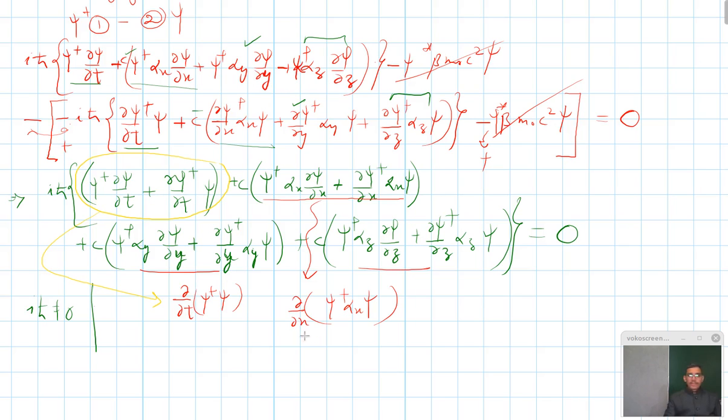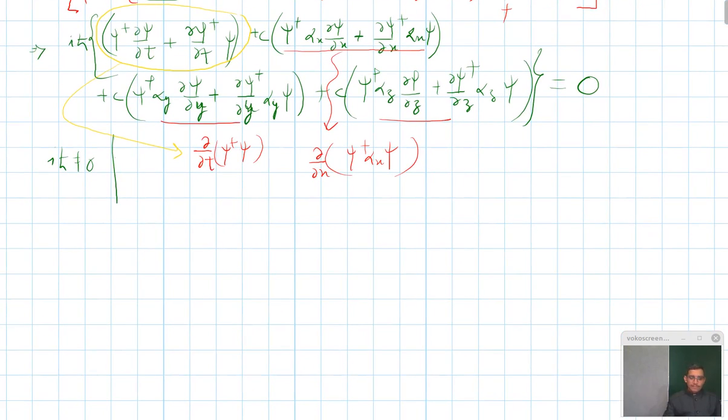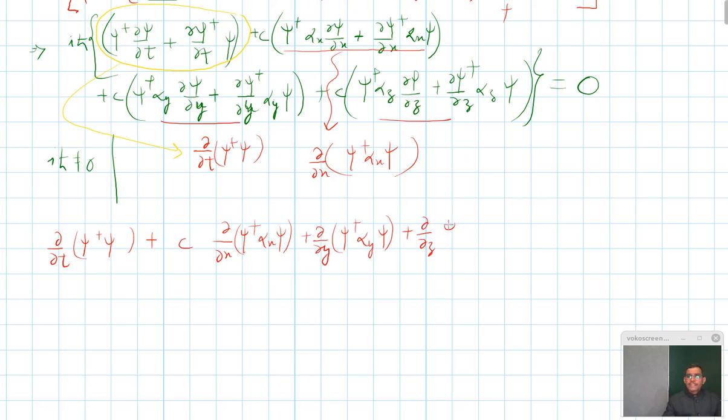So if I do this little algebra, then I can write down that curly over curly t psi dagger psi plus c curly over curly x psi dagger alpha x psi plus curly over curly y psi dagger alpha y psi plus curly over curly z psi dagger alpha z psi.